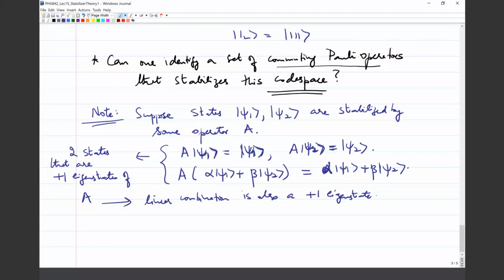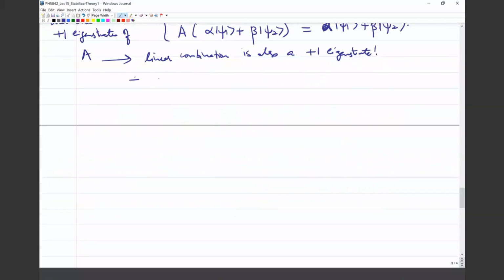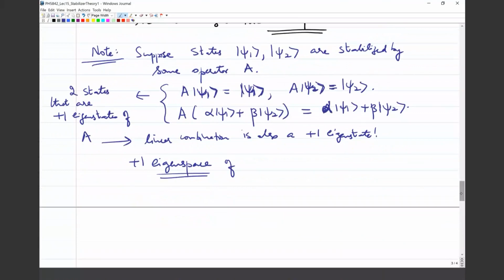So naturally, when you talk about the +1 eigenspace, so what is one talking about when you're talking about a space that is stabilized by an operator? So the vector space stabilized by an operator A is nothing but the +1 eigenspace of the operator A, right?